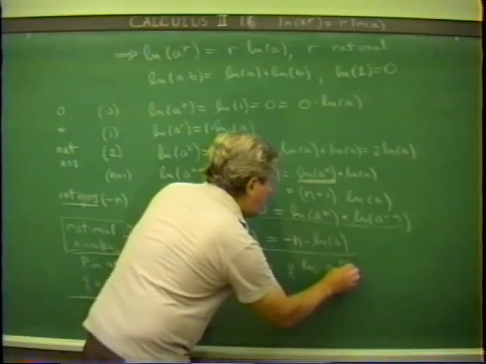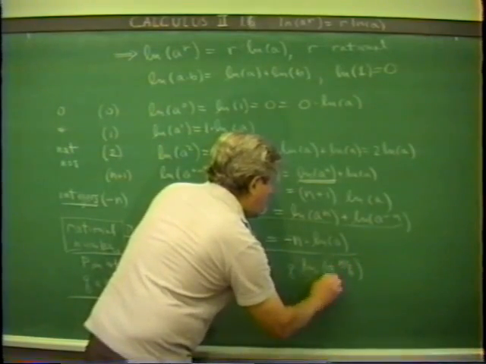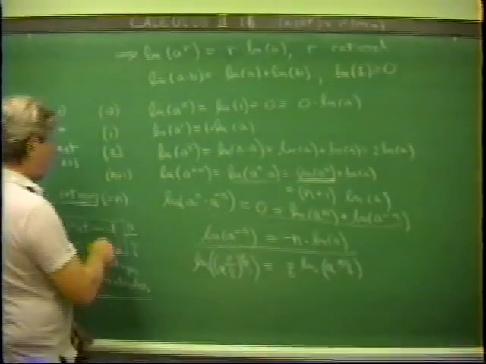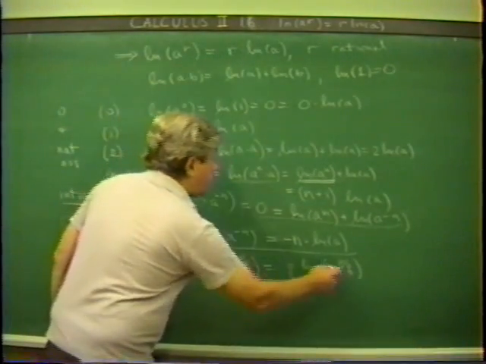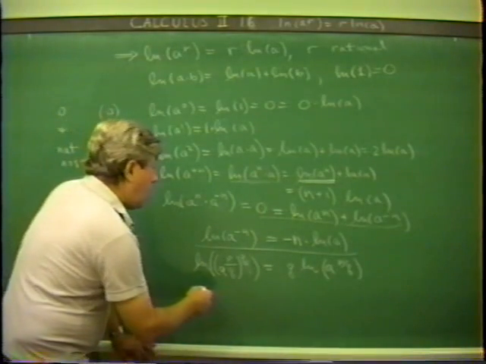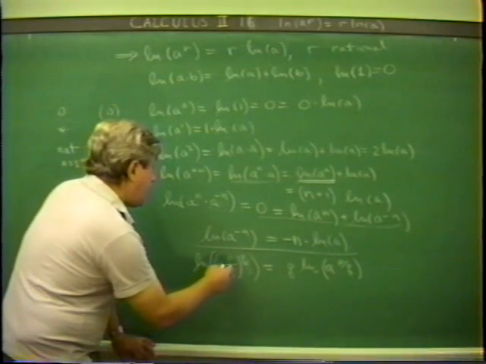And now we know that this is q times the log of a to the p over q.